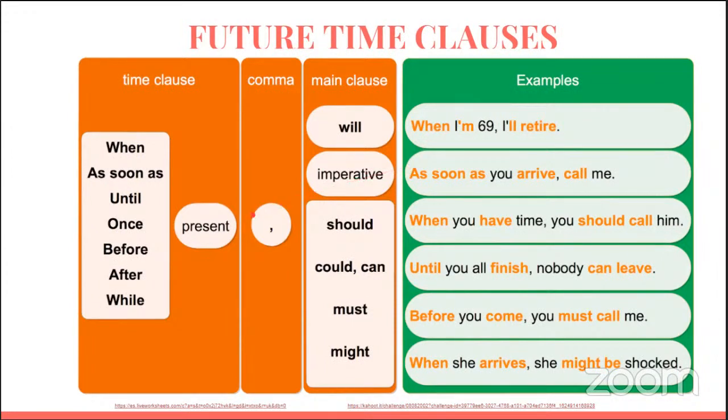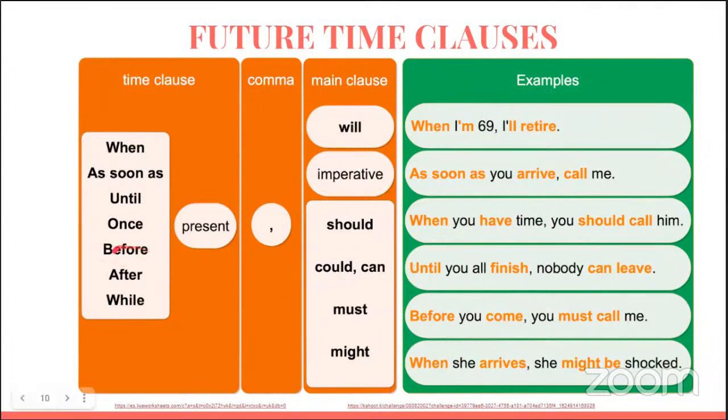Yes, and with when, simple present, and modal should. When you have time, you should call him. Yes, and the next one, until, followed by the simple present, and the modal verb can. Until you all finish, nobody can leave.